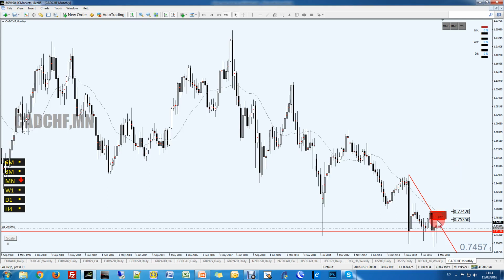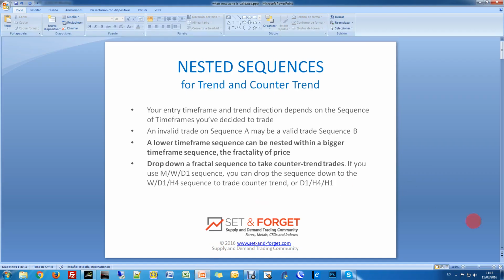And once we are high in the curve with the previous fractal sequence, the one that we use for our trading, monthly, weekly, daily, then we are done. We are not allowed to take any more counter trend longs. But as long as price has not reached the time frame where we are expecting to resume our short bias on the monthly, weekly, daily sequence, we can take counter trend longs if we have the right scenarios to the left: compression, wow longs, trend, and all that, on a one time frame lower sequence, as explained here.